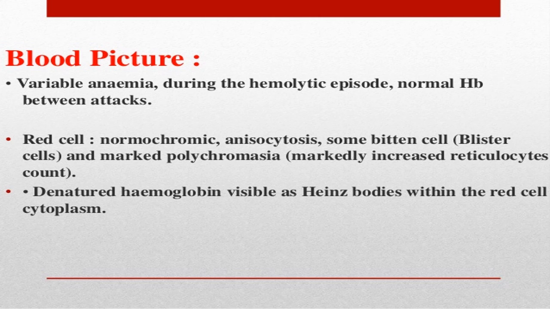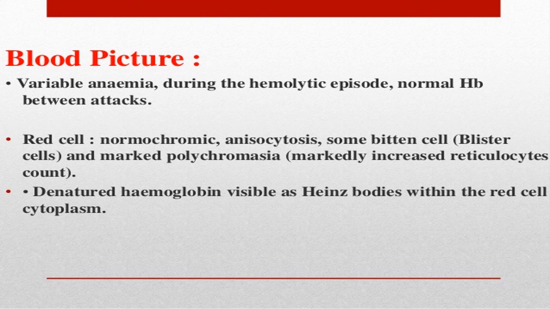Blood picture. The blood picture in case of G6PD deficiency is as follows. Hemoglobin is decreased, that is there is an abrupt fall to about 6 to 10 gram per dl. Reticulocyte count increases to about 20 to 50% depending on the degree of hemolysis.